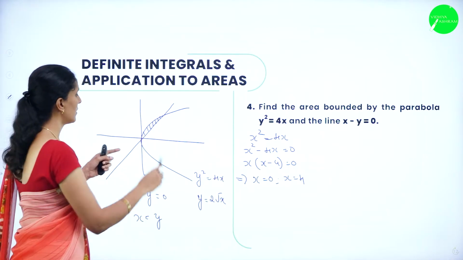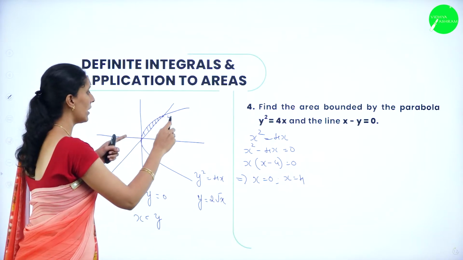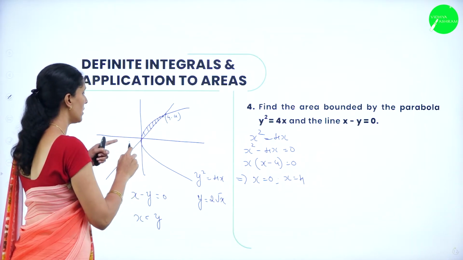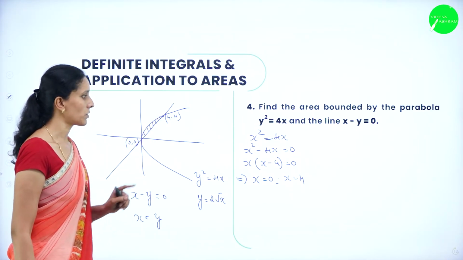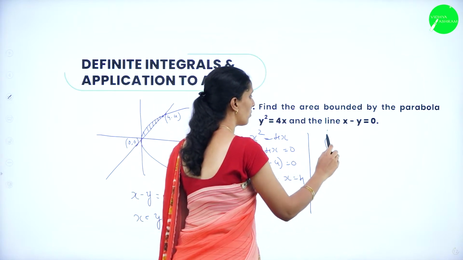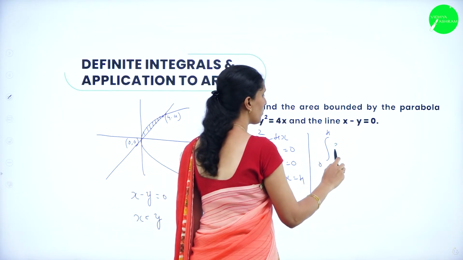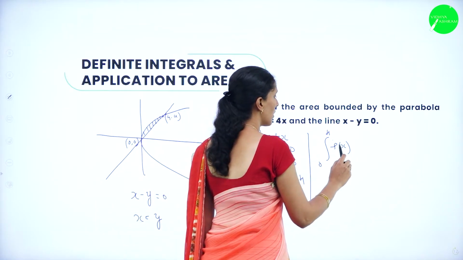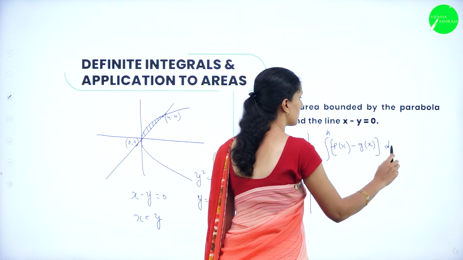So this is x is equal to 4, then y is also 4. So here 0, 0. So this is the point of intersection of the two curves. So therefore we can take the limits as integration from 0 to 4. So for both curves, let me take the first one as f of x minus g of x into dx.